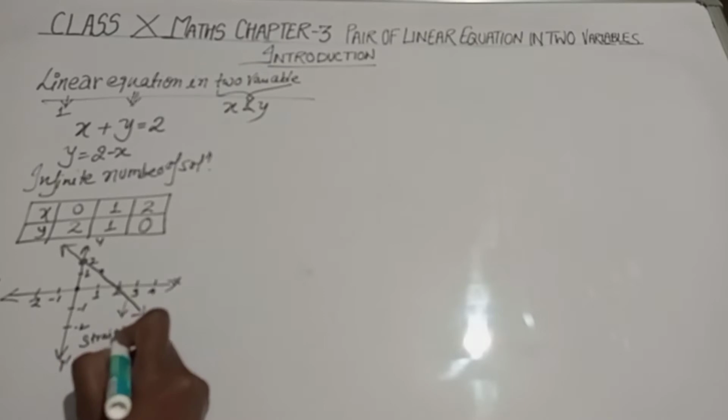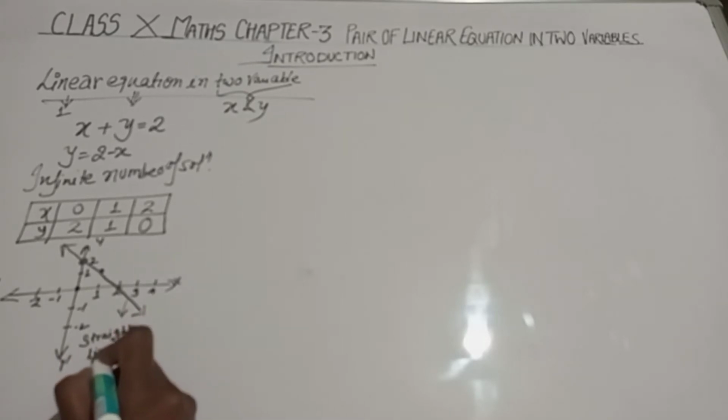So what we studied in Class 9 is the linear equation in two variables, where the degree of the equation is 1, there are two variables, and equality exists between them. It has an infinite number of solutions, and when we plot its graph, we get a straight line.